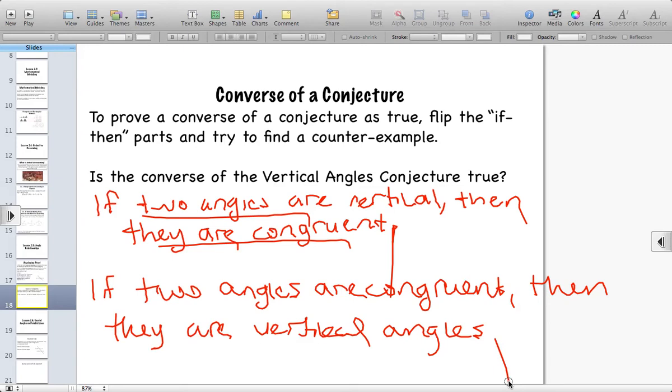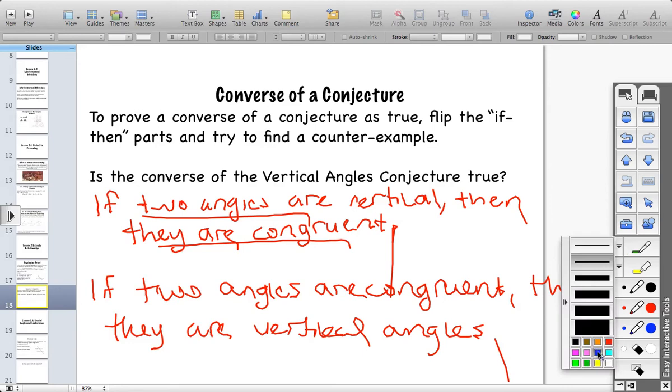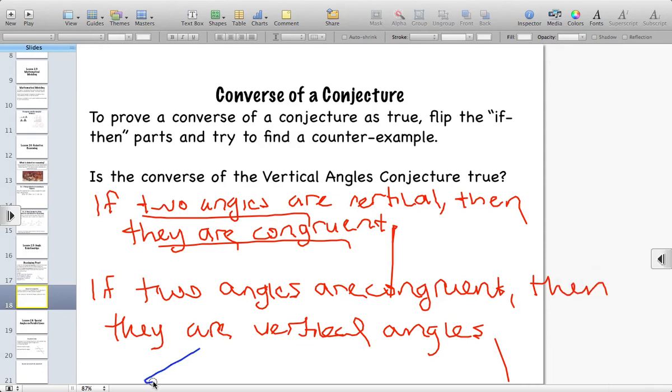And all we have to do to say it's a true statement or not is find one counterexample that proves it wrong. Because if it proves it wrong, then we know that it's not a true statement. So let's say I have a 45-degree angle here, and I have a 45-degree angle here.